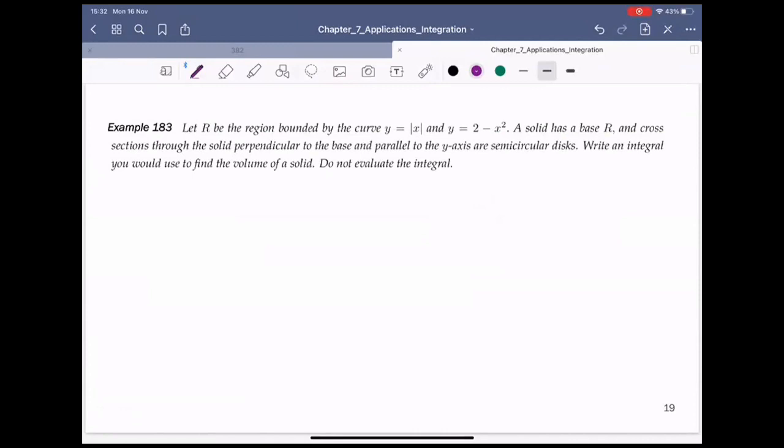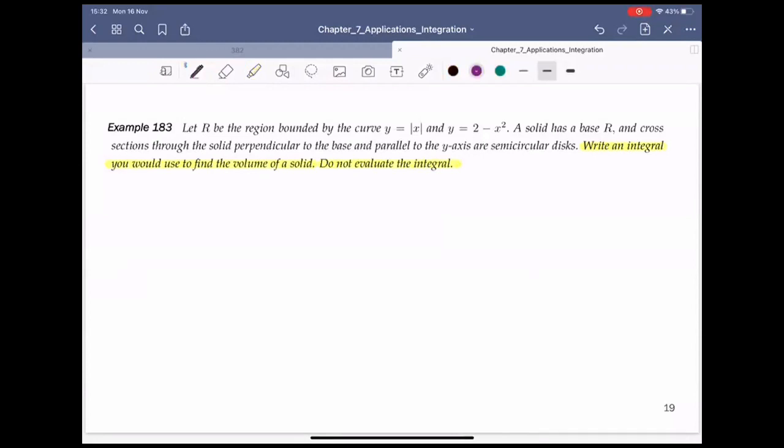Write an integral you would use to find the volume of the solid. Do not evaluate the integral. Here, you see what I asked? That means you just need to set up the integral, and that's all.